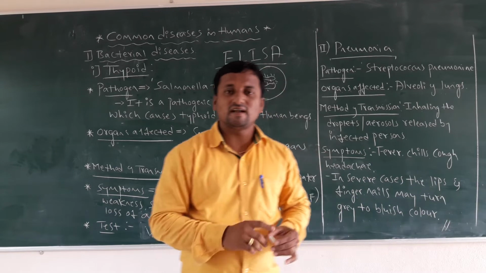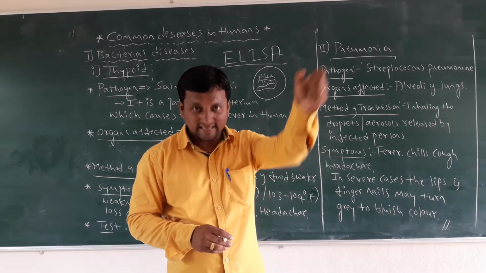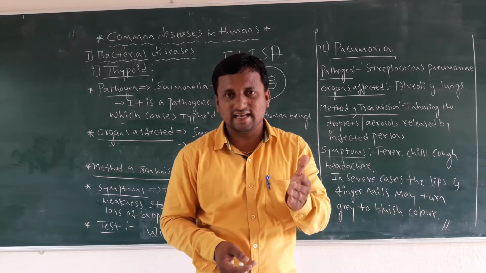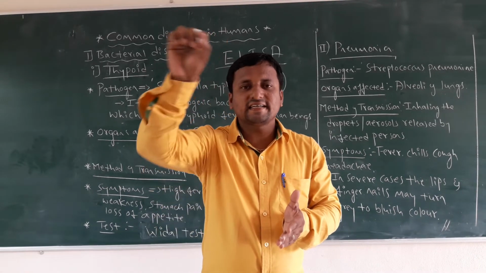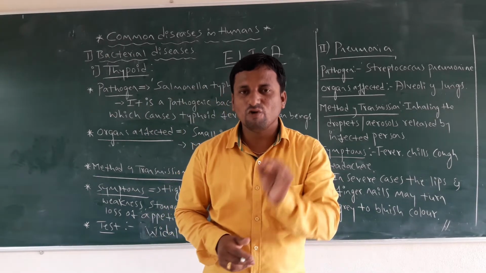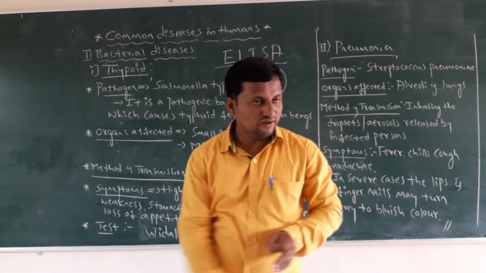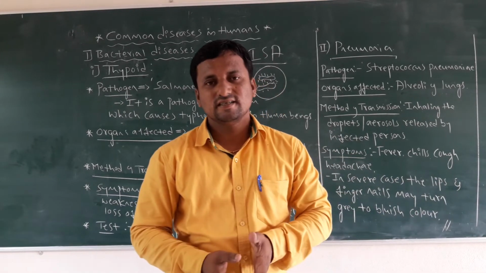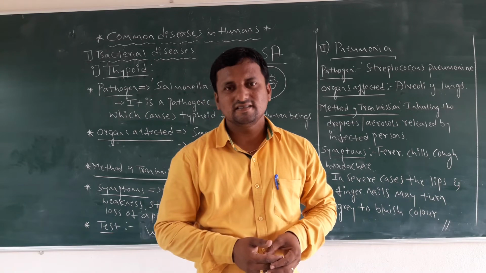Sometimes they ask essay type questions, 3 marks or 5 marks questions like: explain the bacterial diseases in human beings. Then you must go for the first one, typhoid, next pneumonia, next plague, and diphtheria, and other diseases like that.